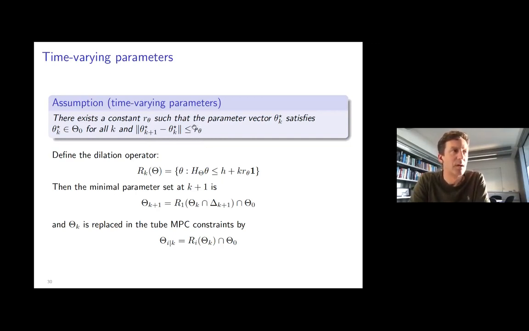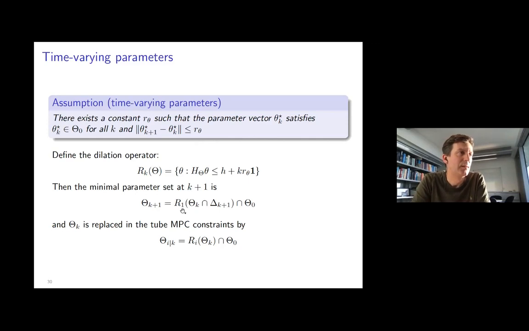So there's some maximum radius which limits the distance of the consecutive values of the true parameters of the plant. Based on this rate restriction, we can define a dilation operator, which basically just expands the parameter set estimate at a rate dependent on this rate limit.